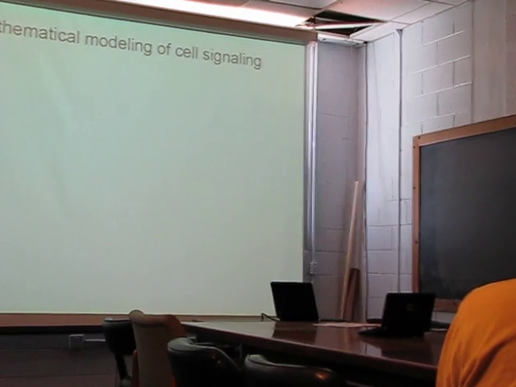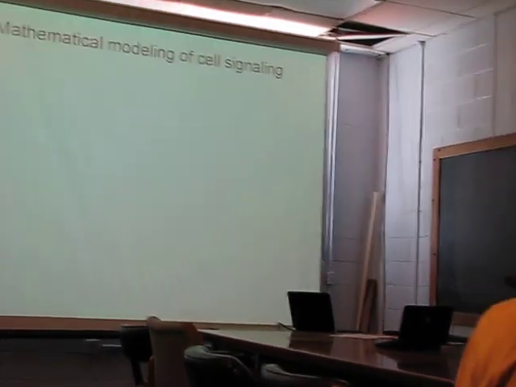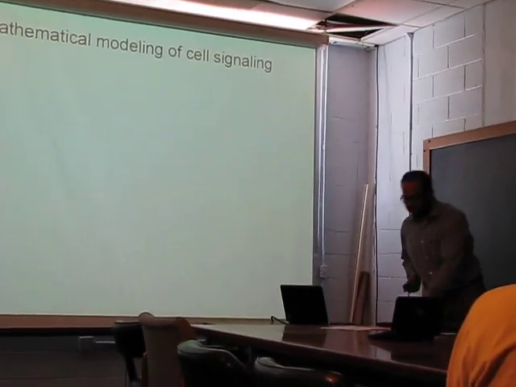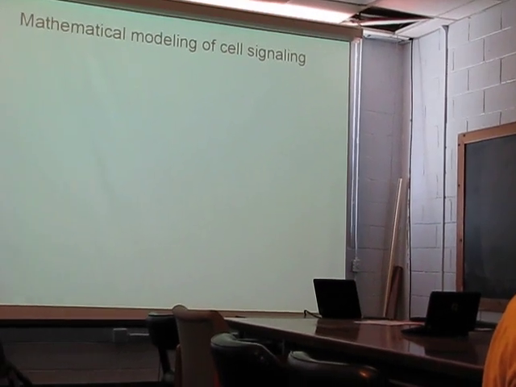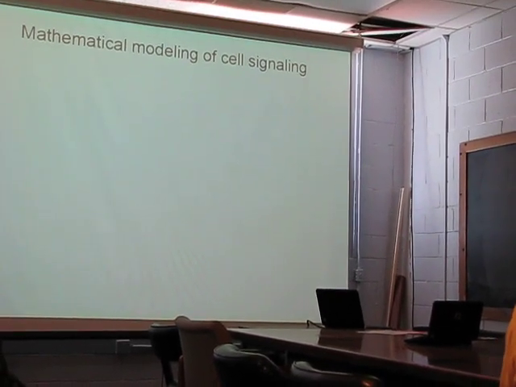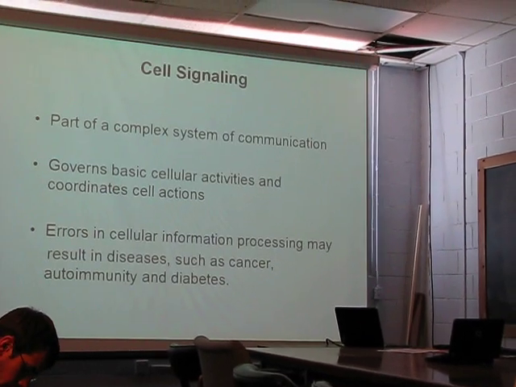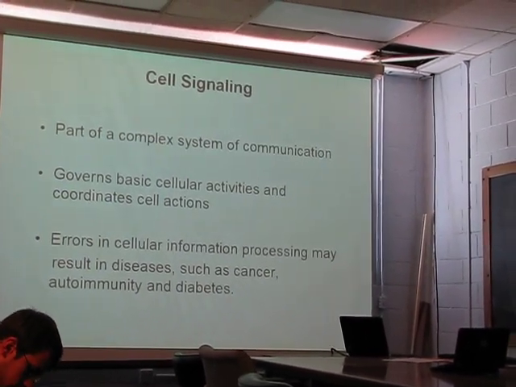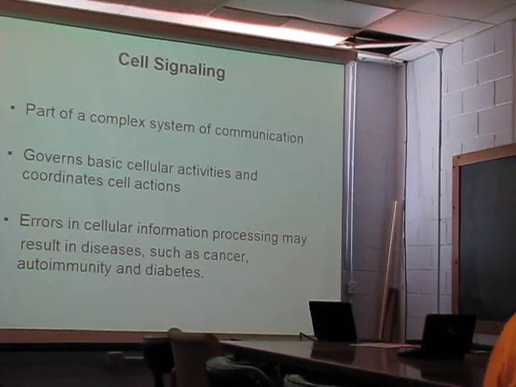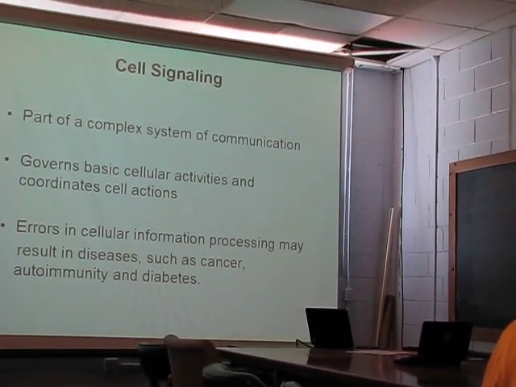Okay, so before we start and get into the mathematical modeling part, I need to give you some idea about the background of cell signaling. So first, background and motivation. What is cell signaling? Cell signaling is basically how two cells interact with each other.